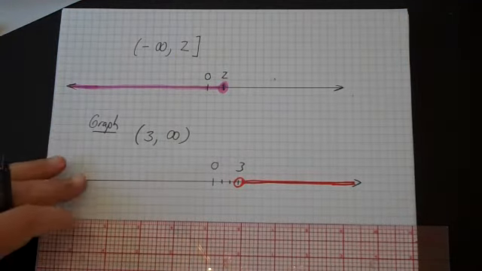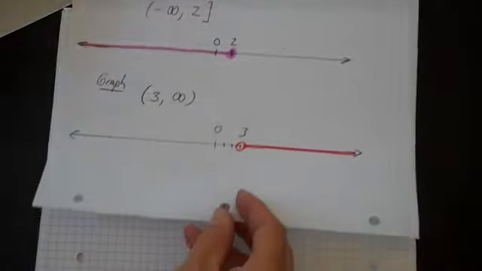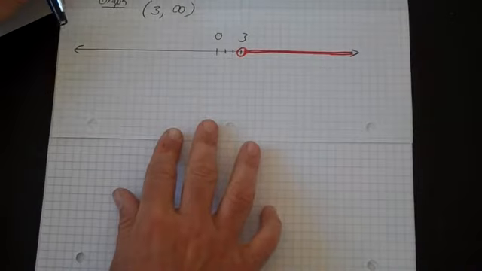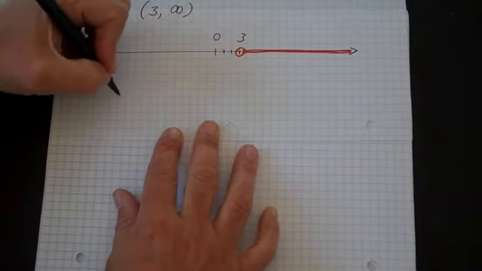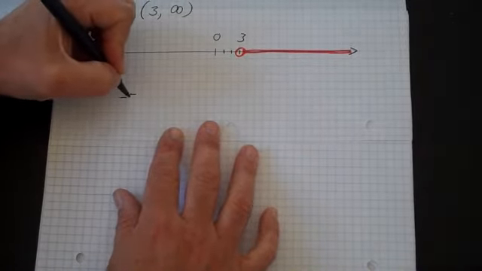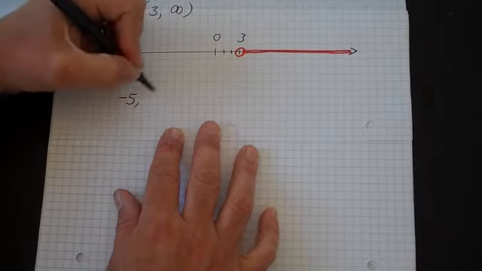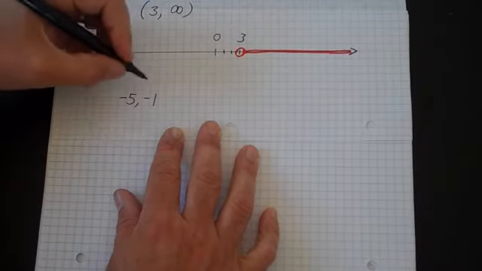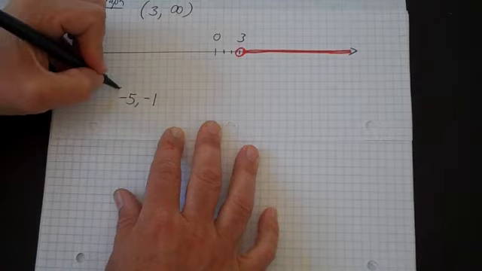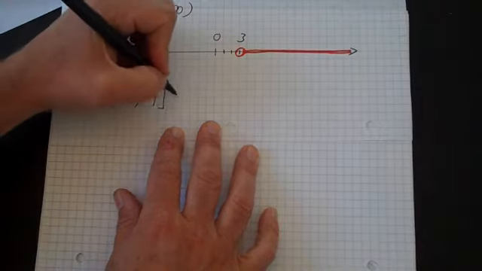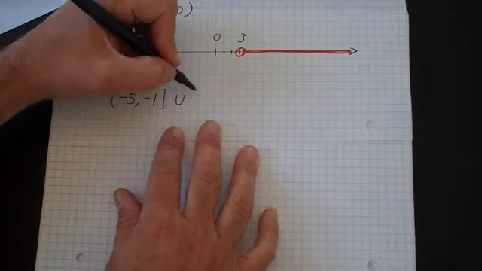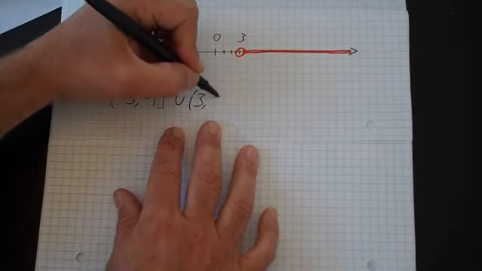Let's make that a little more complicated. Let's say that we had minus 5, comma, minus 1. Let's take that open, closed, union, 3, comma, infinity.